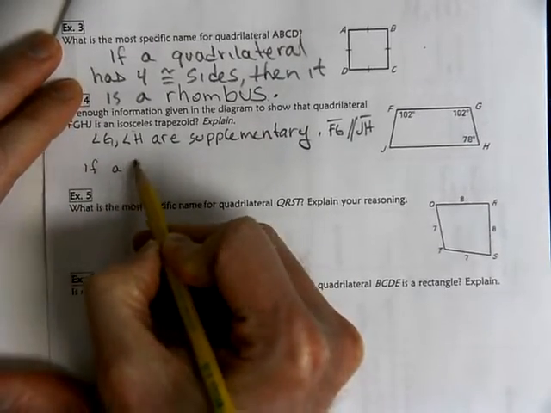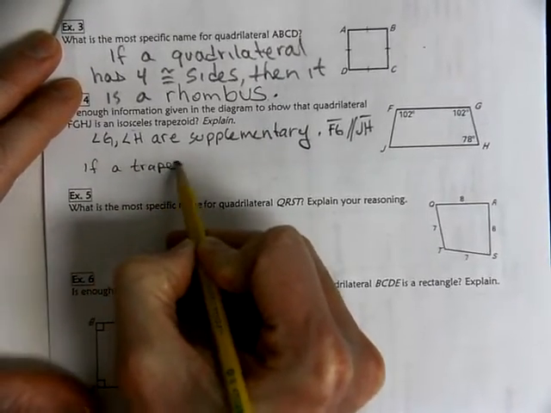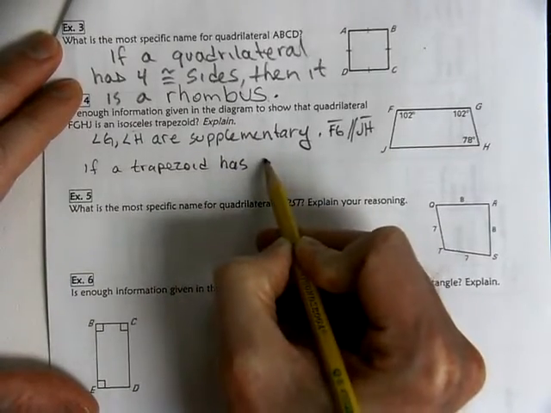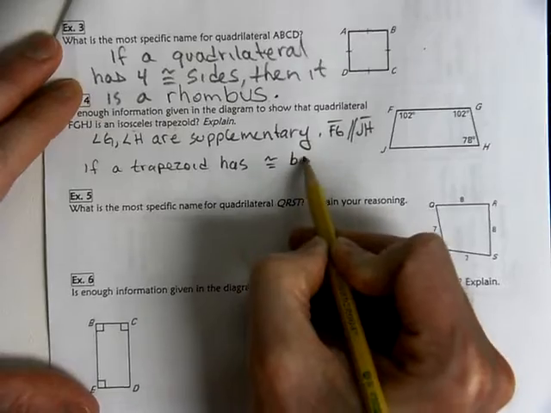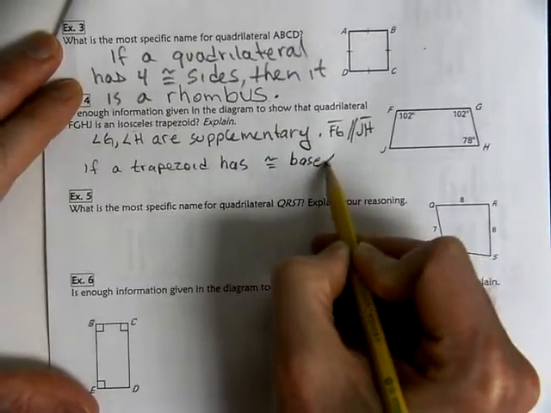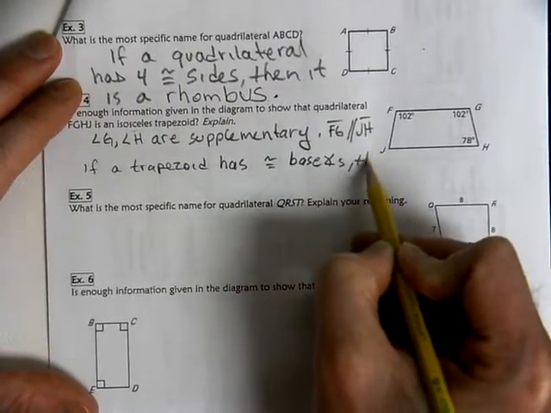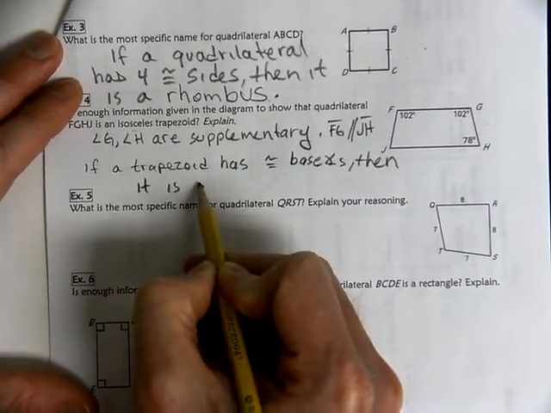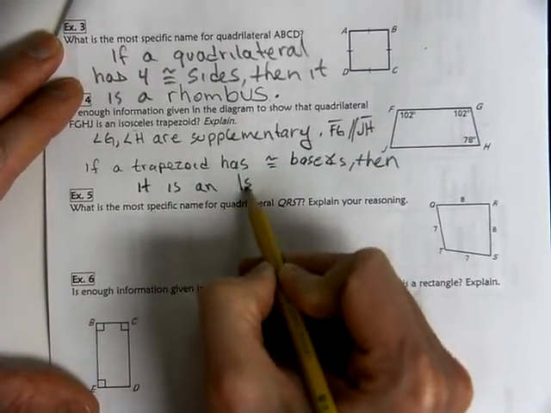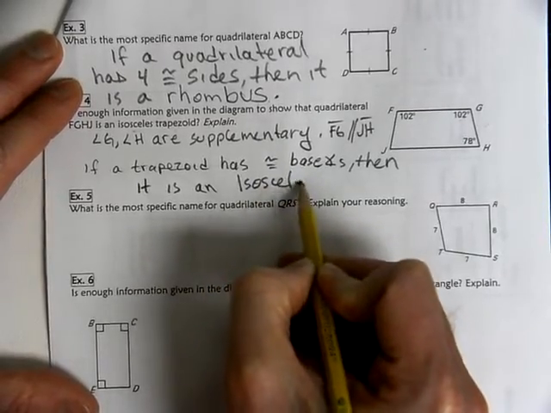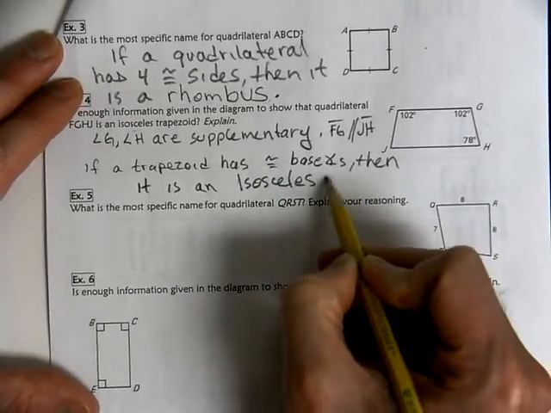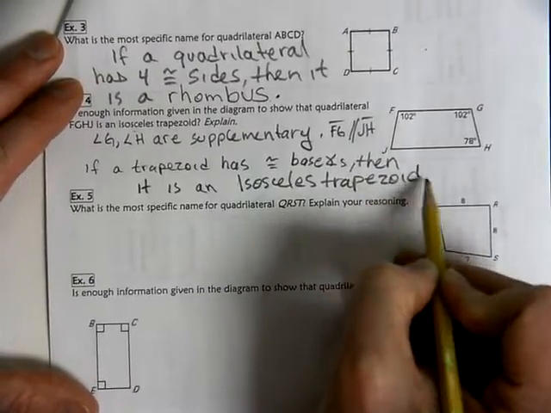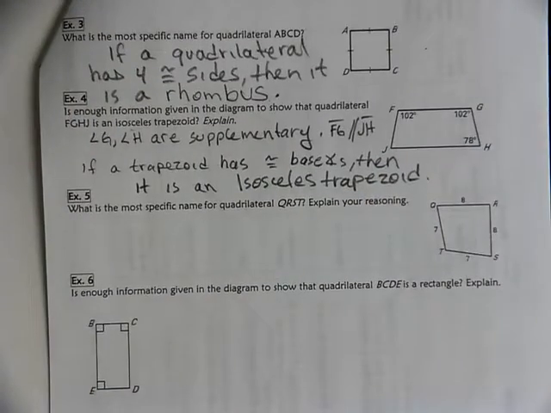If a trapezoid has congruent base angles, then it is an isosceles trapezoid.